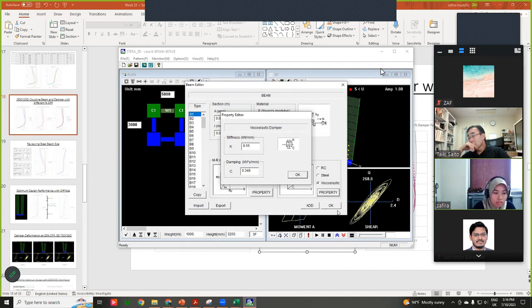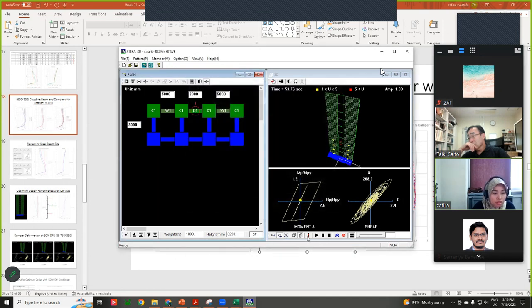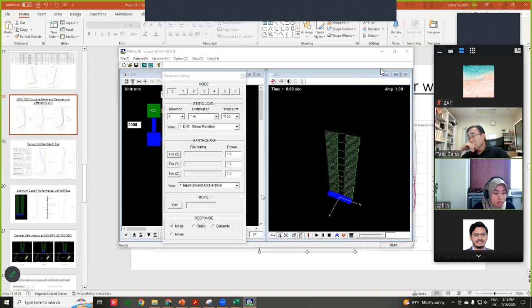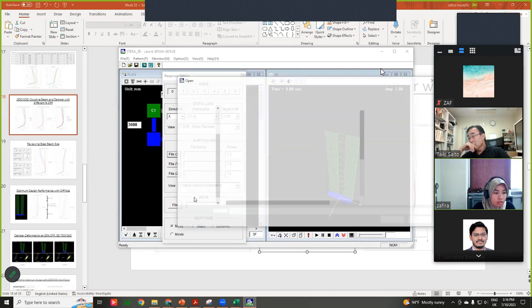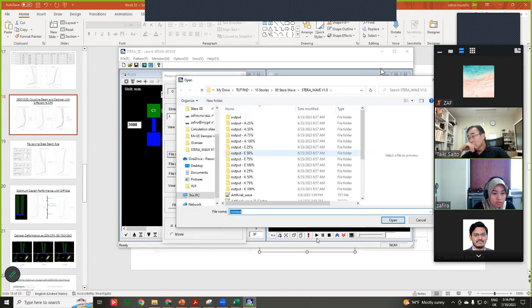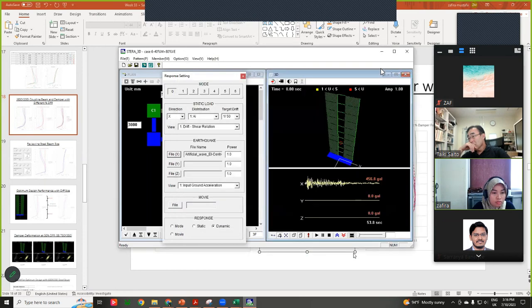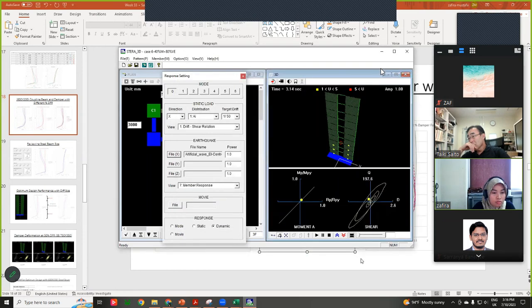This is 60%. No, the metallic damper is not yielding. But this one is 20. Yeah, okay. So I will check for 20% and 80%.